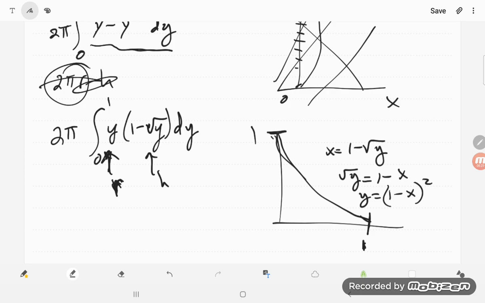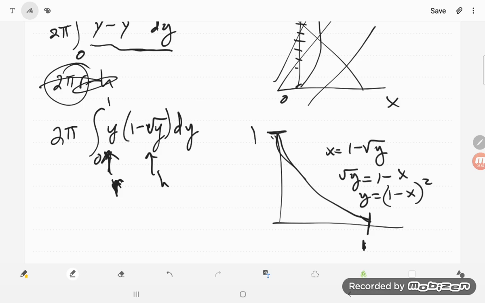But again, I use the shell method, and with the shell method, remember that the shells are parallel to the axis of revolution.